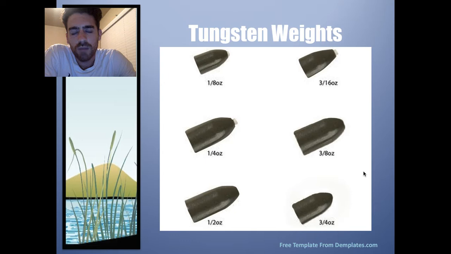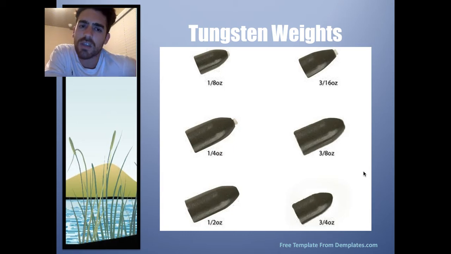Why would you cheap out on the tap that you have to your fish, the connection you have to your fish? If you use lead weights, you're going to have to use a huge weight, number one, to achieve the same depths as you would with tungsten, because tungsten's more dense.